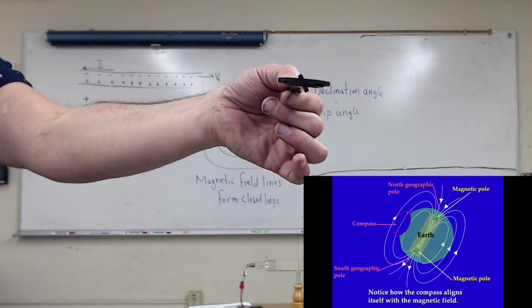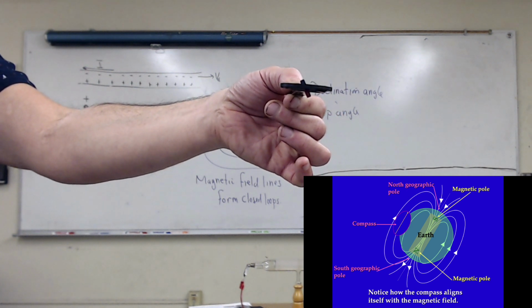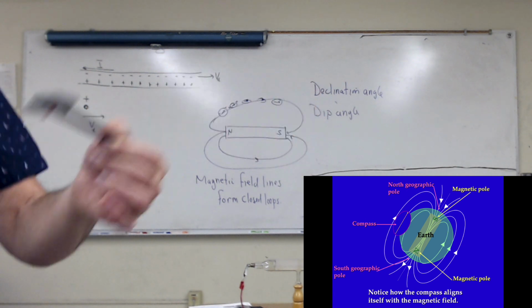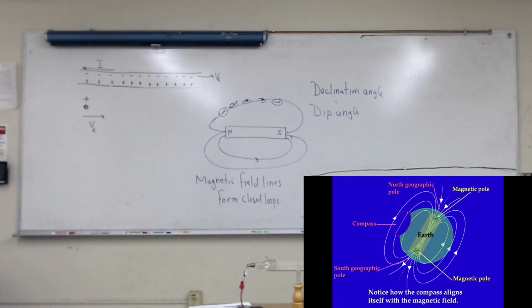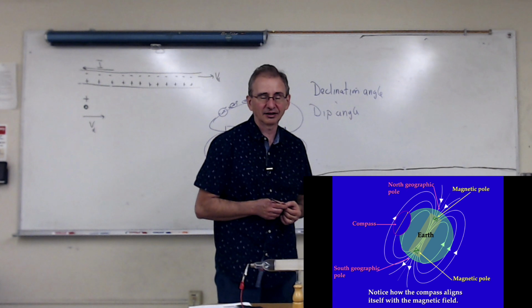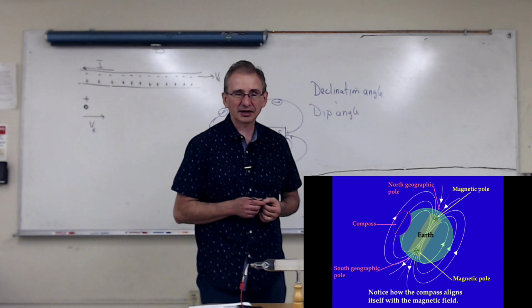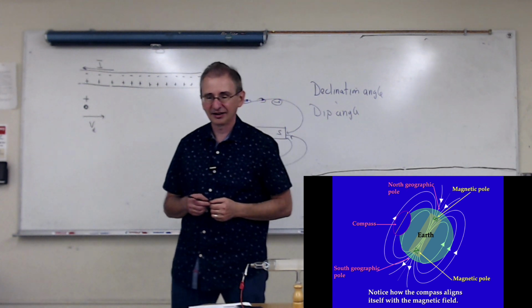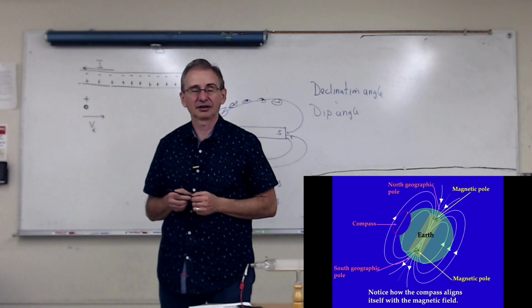The angle the magnet makes with the horizontal is called a dip angle. So it has a component of magnetic field that goes downward. There's a component of the Earth's magnetic field that points towards the Earth.